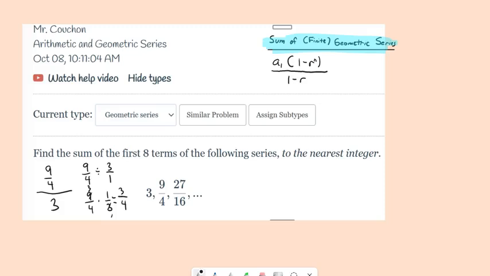And all we'd have to do, once again, is plug it in. The a sub 1 is 3, times 1 minus 3/4. It says 8 terms, so to the power of 8, all over 1 minus 3/4. Again, let's go to Desmos.